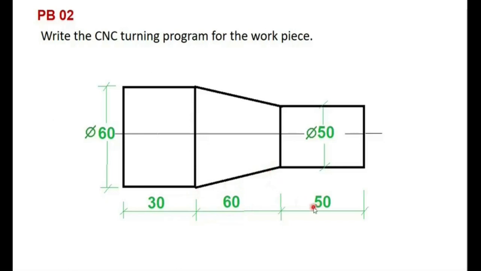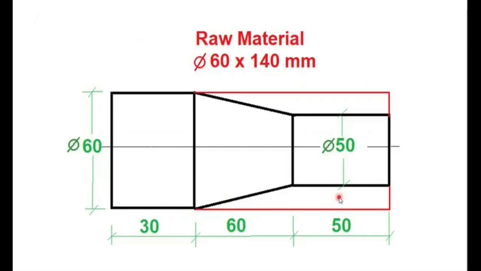Okay, and also you can see this 60 millimeter will be the raw material completely like this, and we have to do some linear material removal also. So the raw material will look something like this, which is having a diameter of 60 millimeter and length of 140.